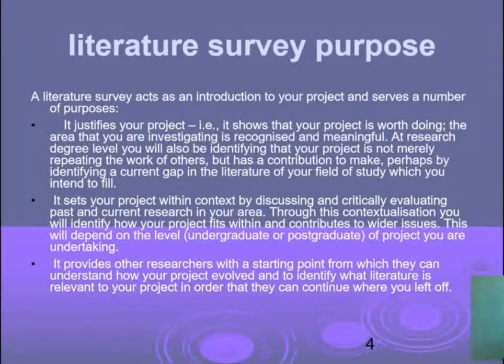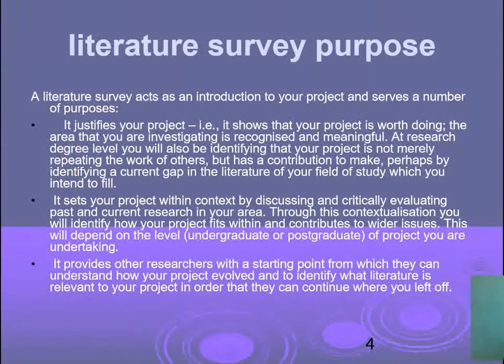So we need to be very careful here that we are not going to repeat the work of others, what is already carried out. So in order to identify the right start for your research, it is mandatory that you choose the right literatures, find out the current research gap, and then start your research from there.